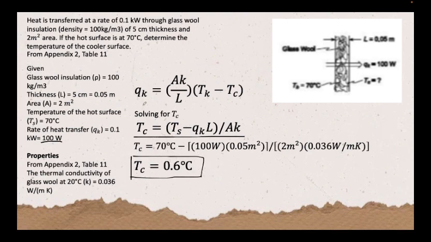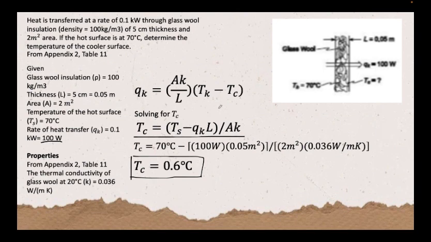To sum it all up, first you have to find what the givens are, especially the specific ones, and know how to look for the proper values in the property table.